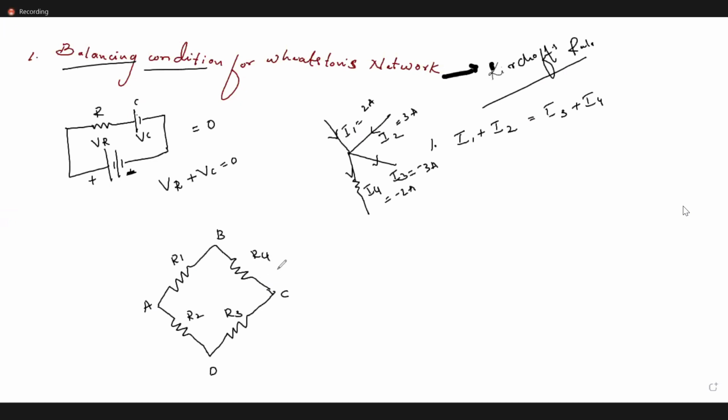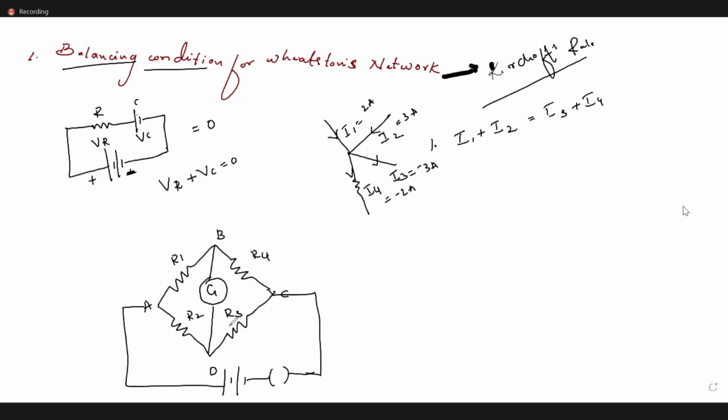Now I will connect one galvanometer between B and D. Then I connect it across a battery, and this is the key. This is your Wheatstone network.